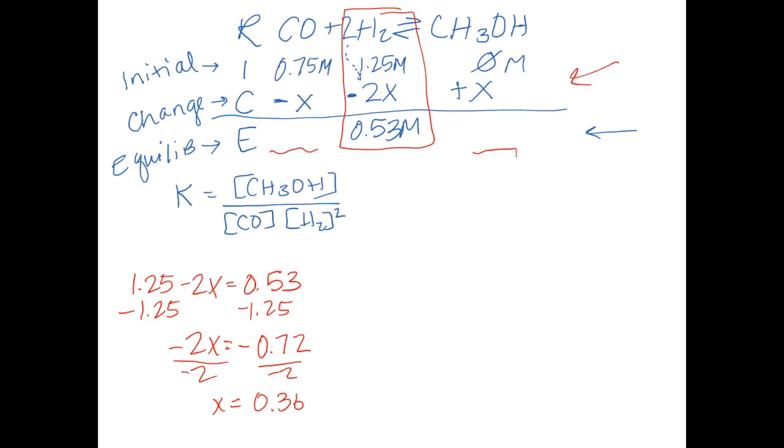So my product, if X is 0.36, 0 plus 0.36 is 0.36. So that goes here. And then for my carbon monoxide, my CO, 0.75 minus X equals, remember, X is 0.36. And so you end up with 0.39. So I put that here.